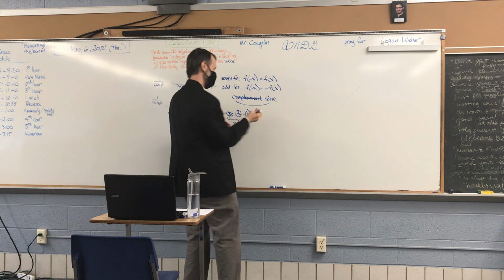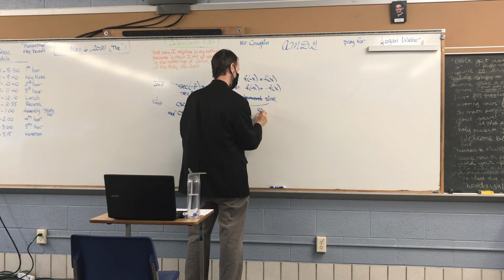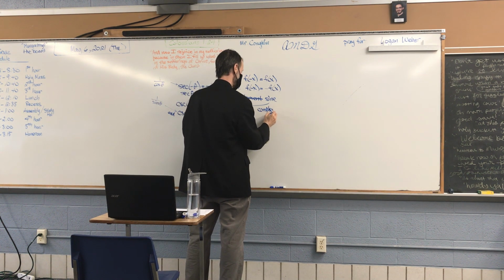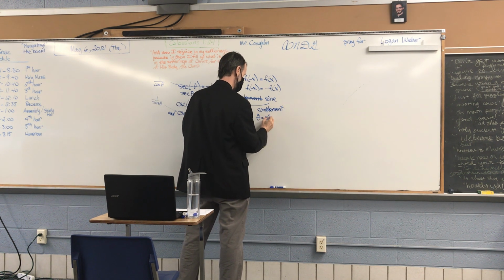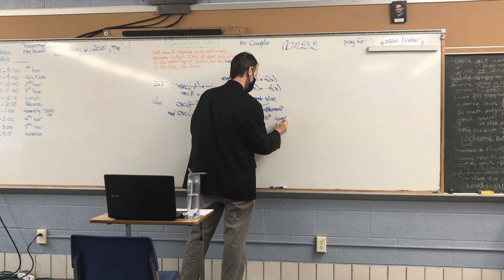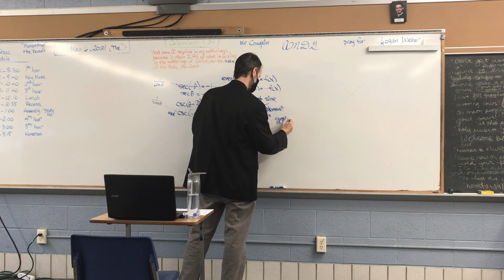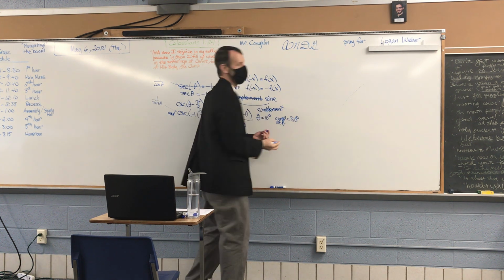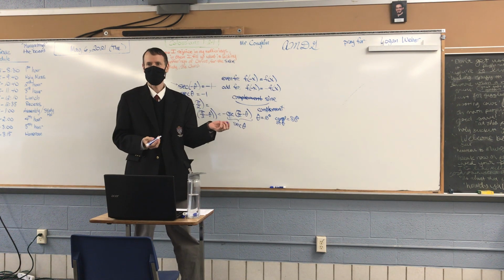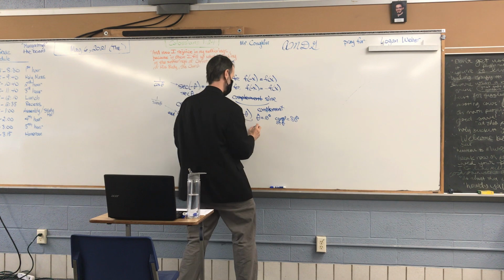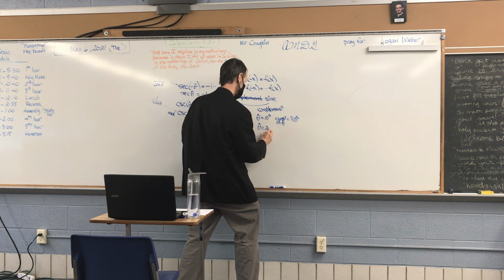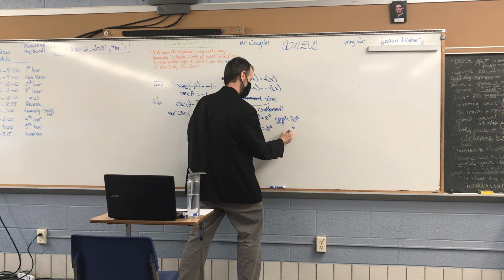So a complement, for example, if theta is equal to 10 degrees, the complement of theta is 80. It's whatever adds up to 90. Does that make sense? These two are complementary because they add to 90. Spencer, what's the complement of 20 degrees? 70.